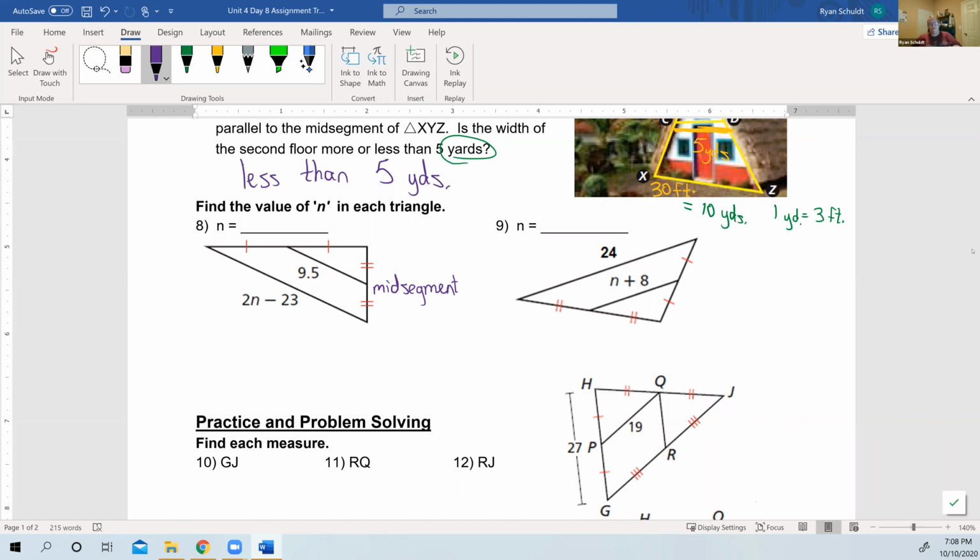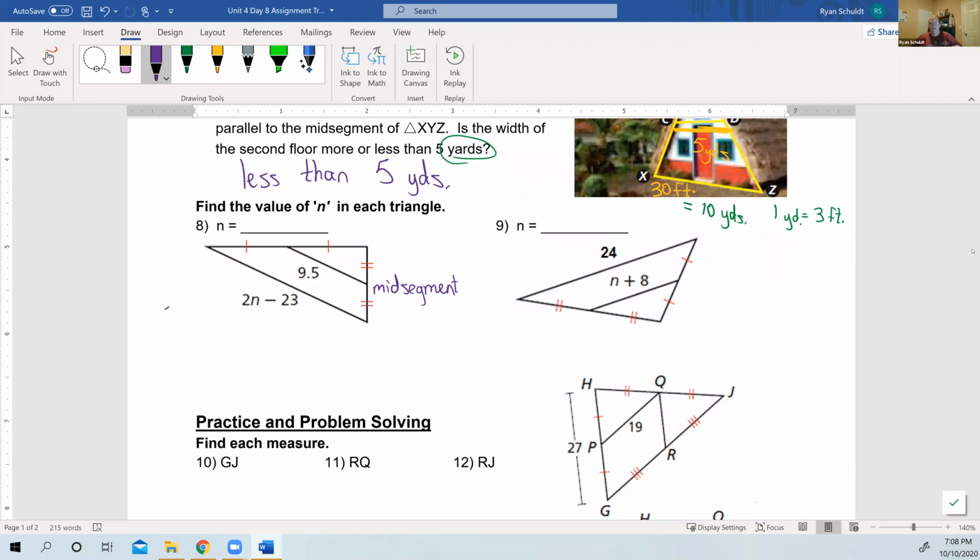So if that's our mid-segment, then what's the relationship of the mid-segment to our side that it's parallel to? We just multiply it by 2.